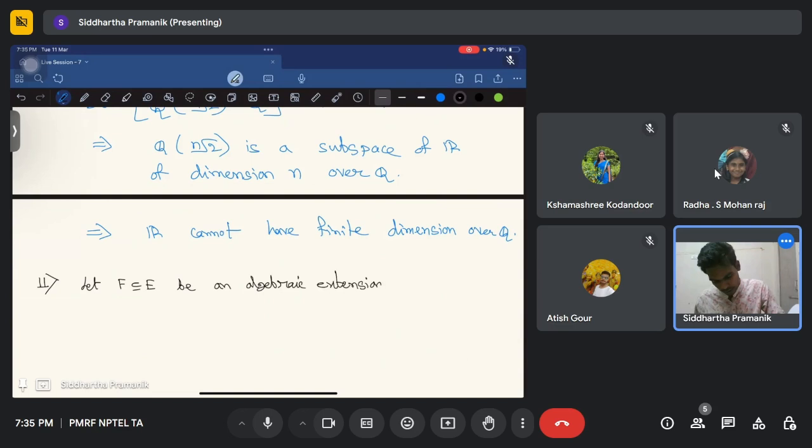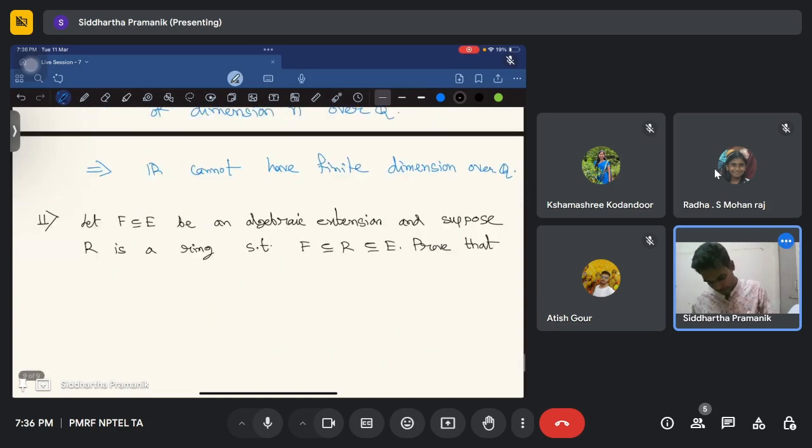That means every element of E is algebraic over F. And suppose R is a ring such that F subset of R subset of E. Then prove that R is a field.